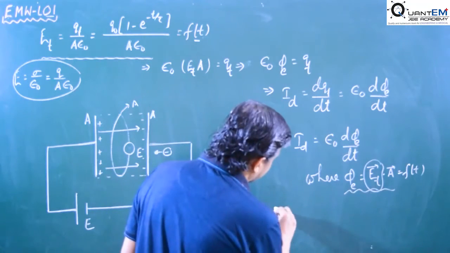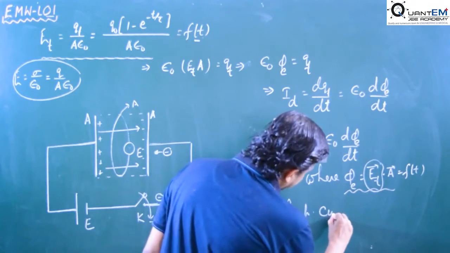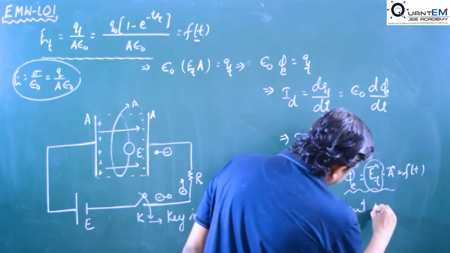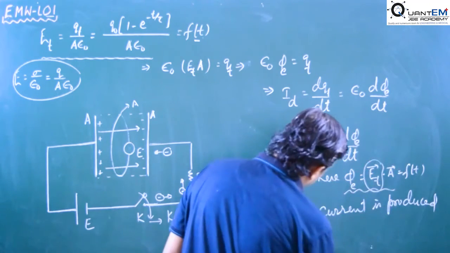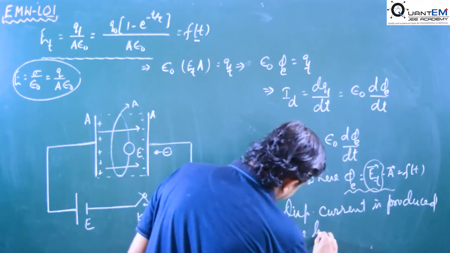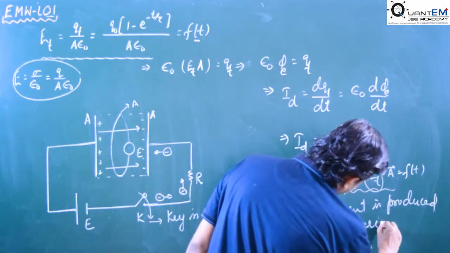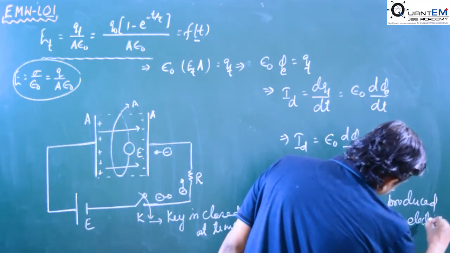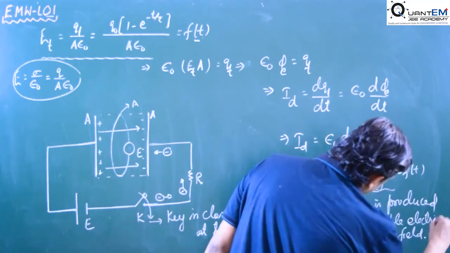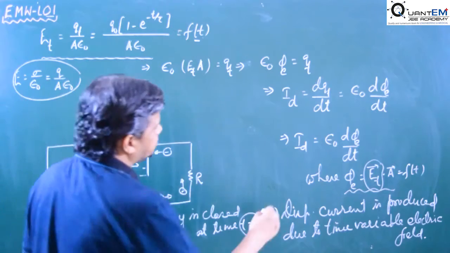So it implies that the displacement current is produced due to the time variable electric field. We have derived this result.